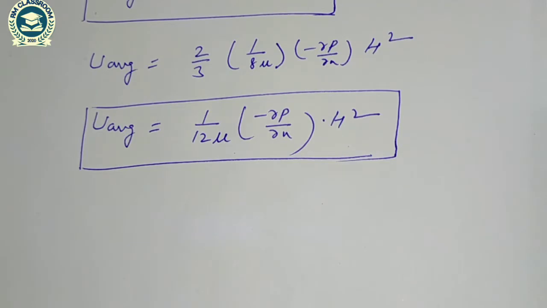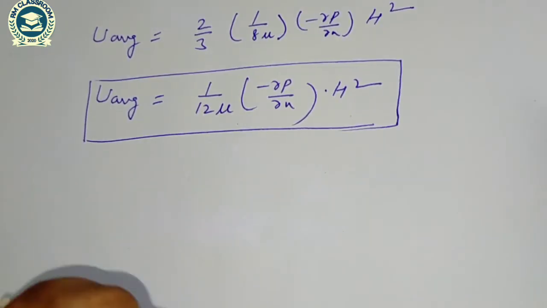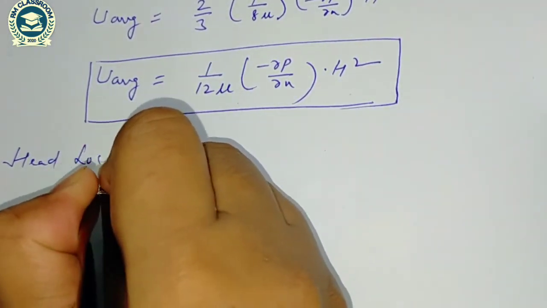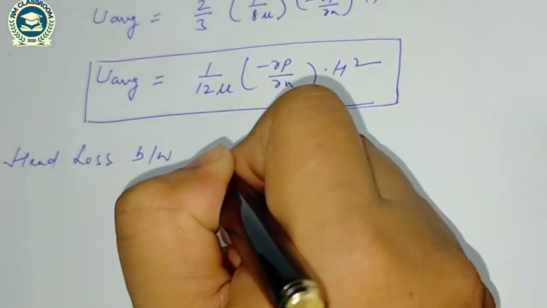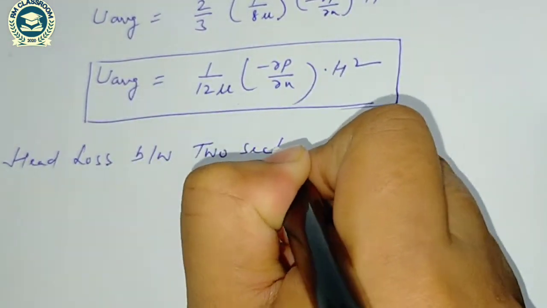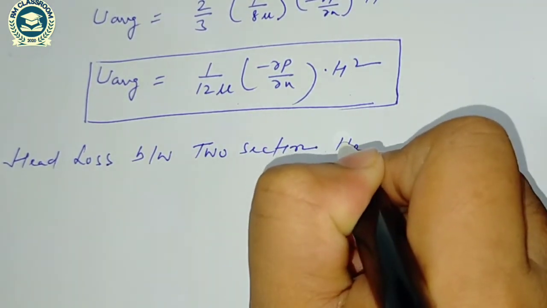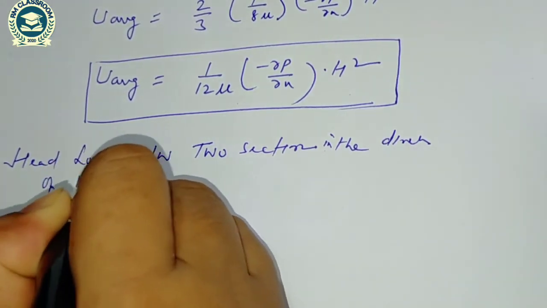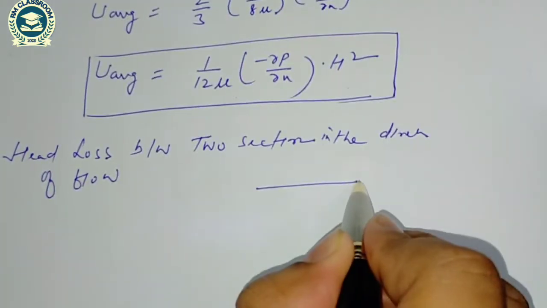Similarly, we can compute the head loss between two sections in the direction of flow. So this is our parallel plates.